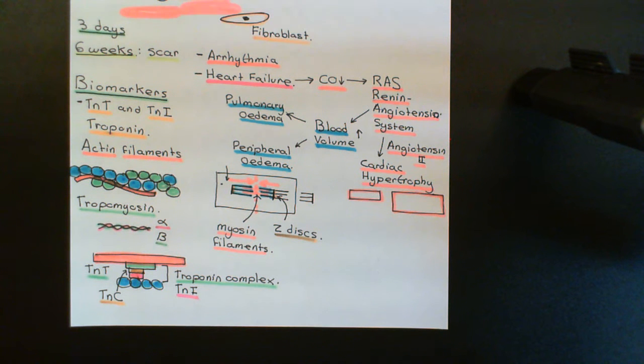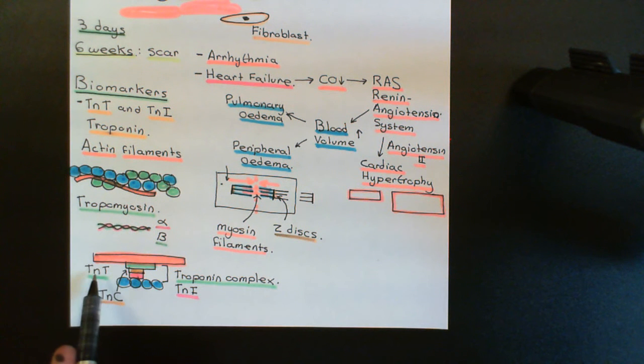Okay? However, although for simplicity we just talk about troponin T, troponin C and troponin I, there are different versions of troponin T, troponin C and troponin I. So there are different genes in the human genome that make proteins that perform an equivalent function.